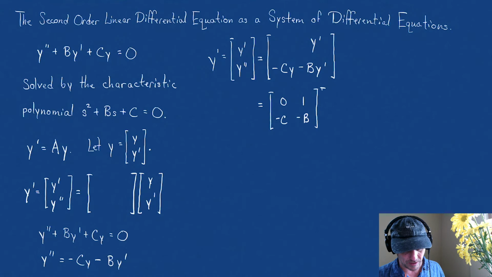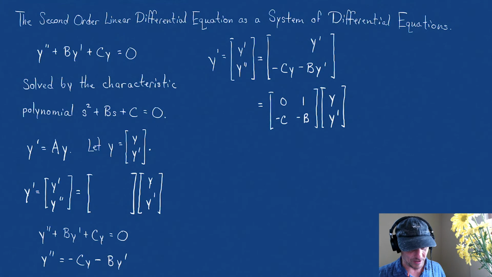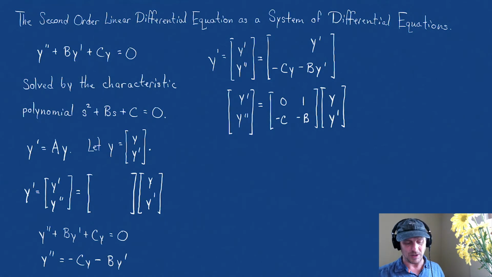And then my vector of scalars are the functions y and y prime. And there it is. We just did it. And there's our y prime, y double prime on the left-hand side.